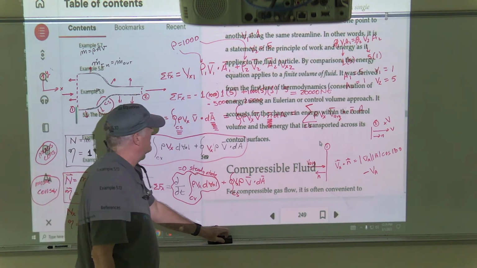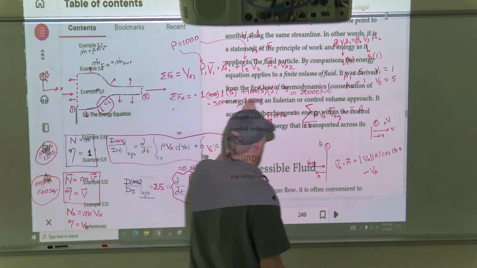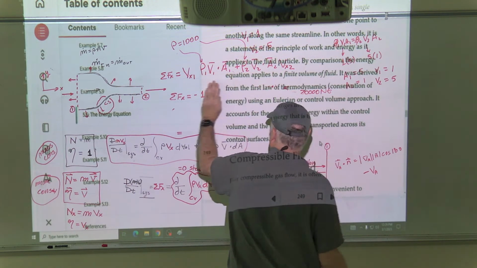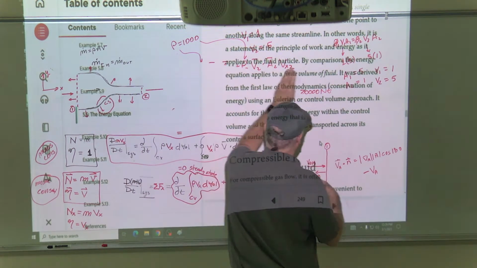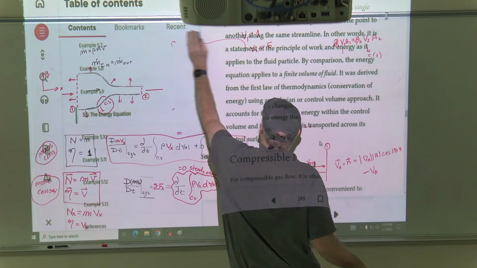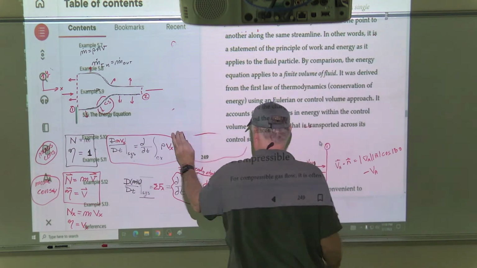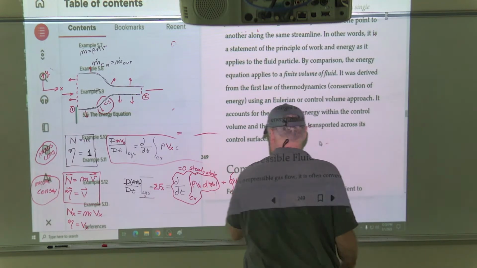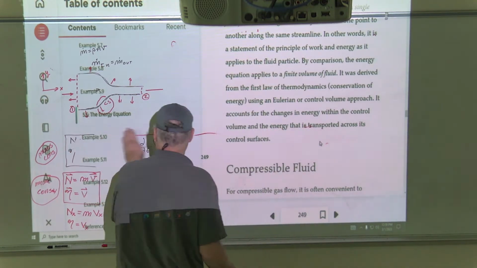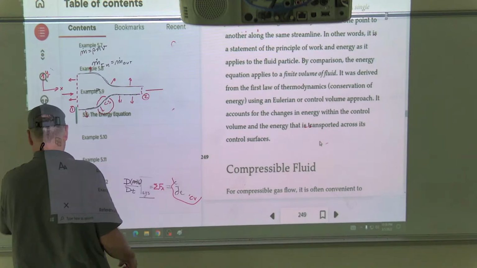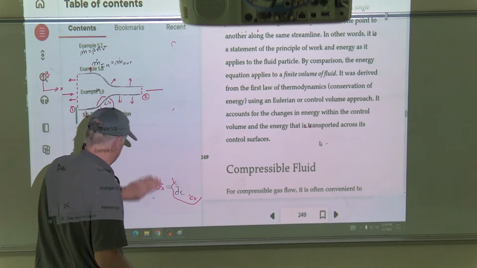So let's look at, okay, so I'm in the wrong chapter, but I'll go back and we'll look at some problems. Now, the one thing he does too is he does this, and I skipped over that section, but I'm going to go back to it.